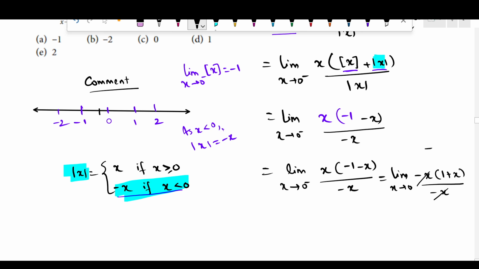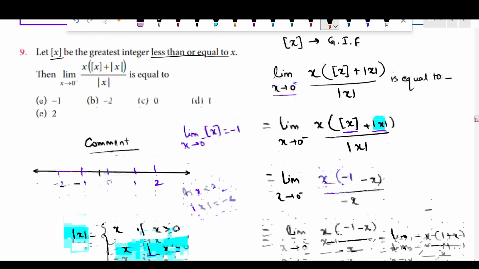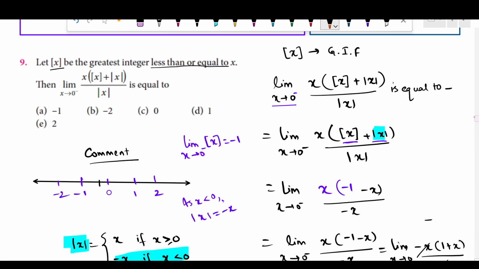Now this minus x gets cancelled out. You are left with limit x tending to 0 of 1 plus x, which is equal to 1 plus 0, which is equal to 1. So 1 is your right answer. Let's check the option. This will be option number D, right?